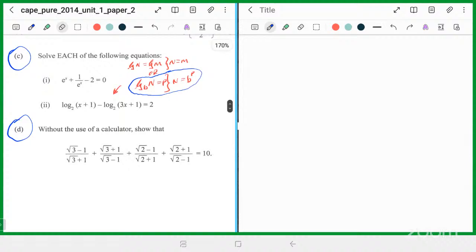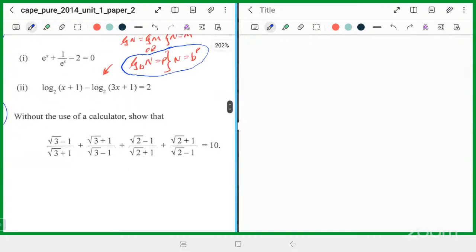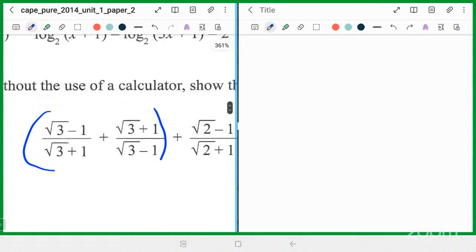All right? Now, this question wants us to, without using a calculator, show that this plus that plus that plus that all add to 10. There are multiple ways to do this. You can decide to add these two and add these two. By adding them, the denominator will automatically be rationalized, because to add these two, the denominators have to be the same, so I will multiply this denominator up here and down here.